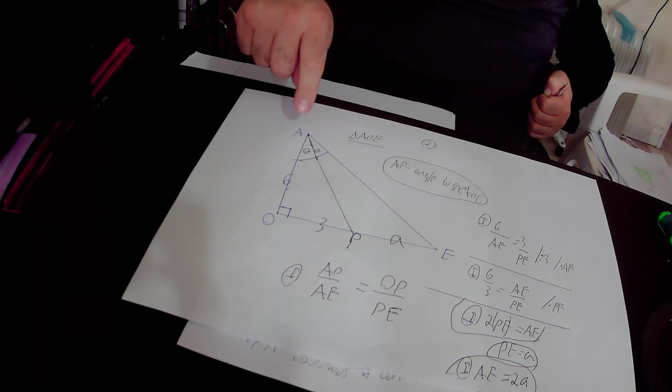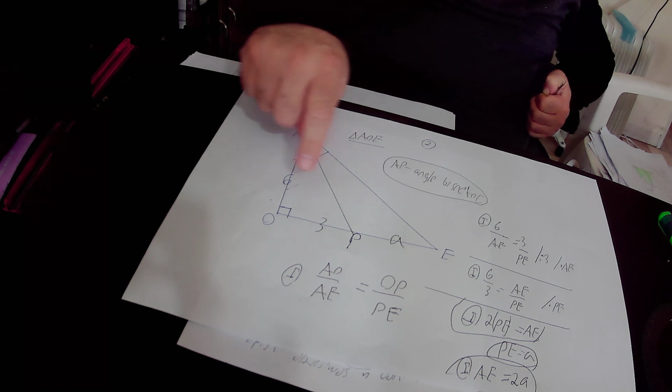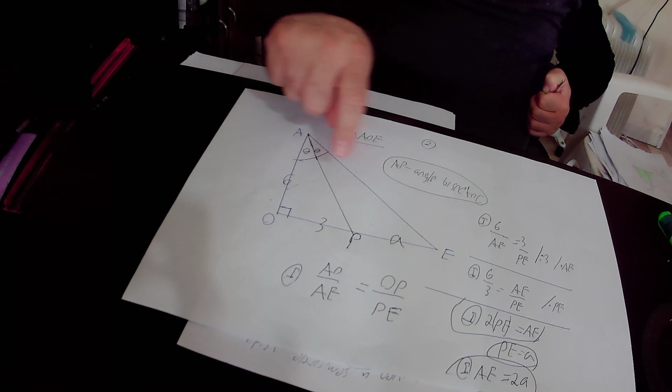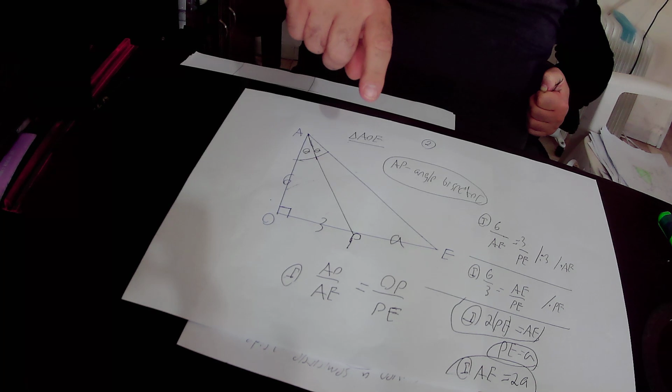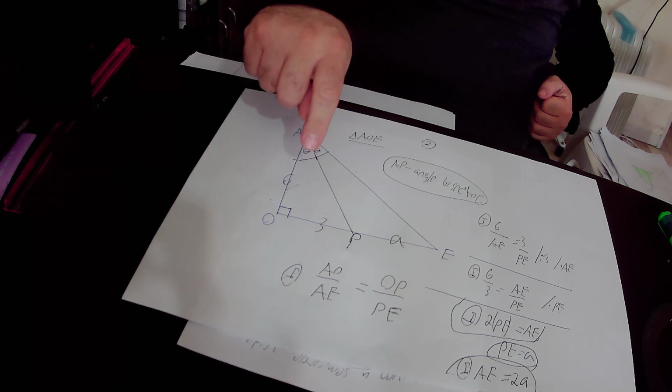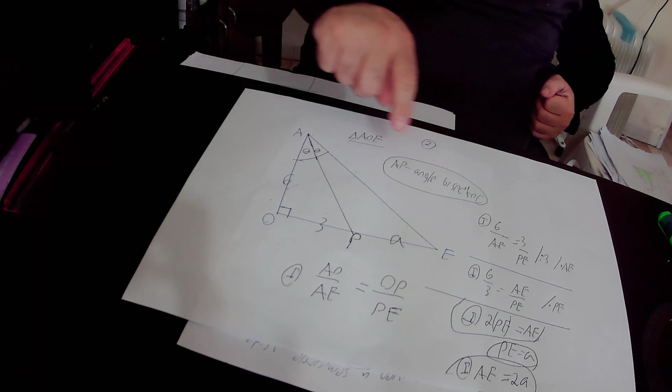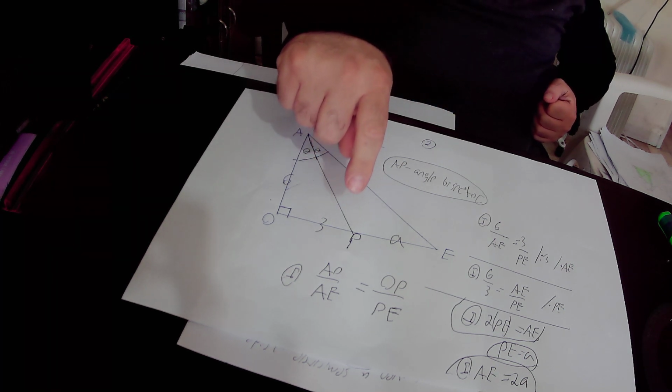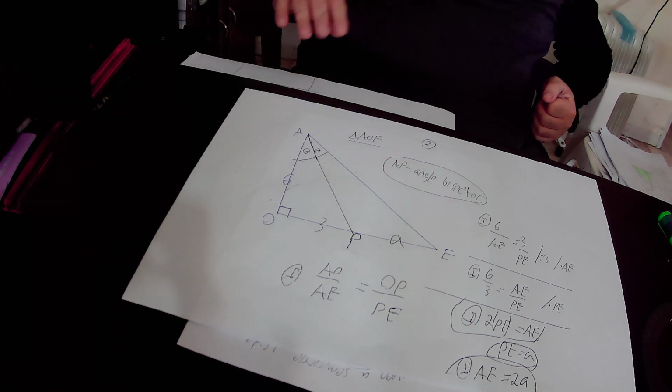That ratio equals OP over PE, and it is equal to the ratio between the angle's legs, OA over AE. So AO over AE equals OP over PE. Okay?